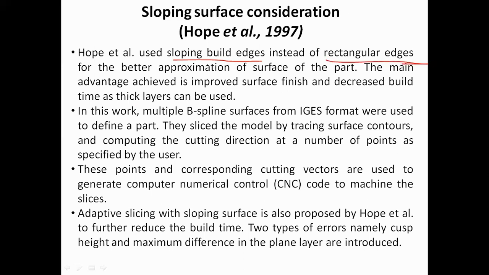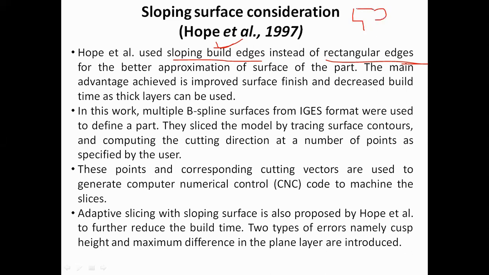He was the first person to give this idea that the edges are not rectangular in nature, but rather they have a sloping edge. He did not define it exactly as a parabola or something with a specific name, but he said that the edges are not something like this, rather the edges are something like this.